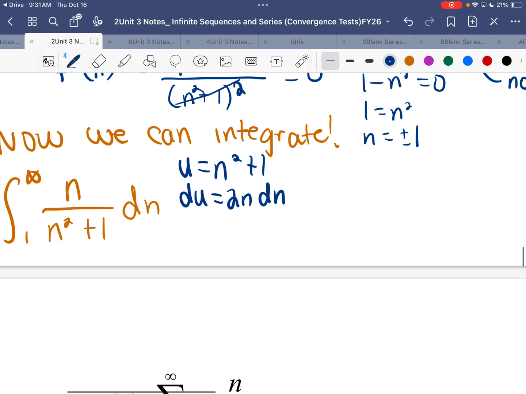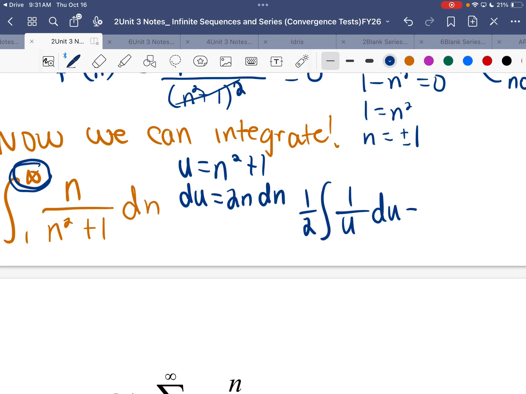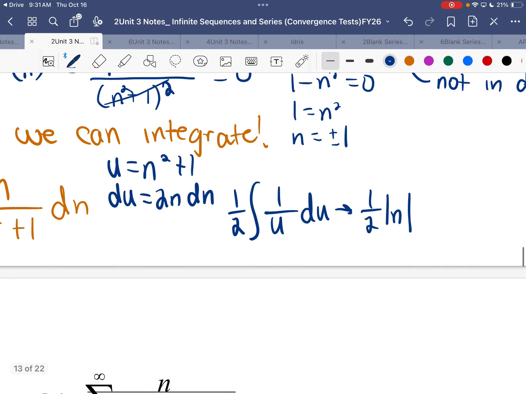I should also put limits, right? Because we have a boundary that's infinity. So I'm going to have the limit. Let's just integrate first. Okay. So we're going to integrate, and we got 1 over 2 times 1 over u du gives us 1/2 ln n squared plus 1.